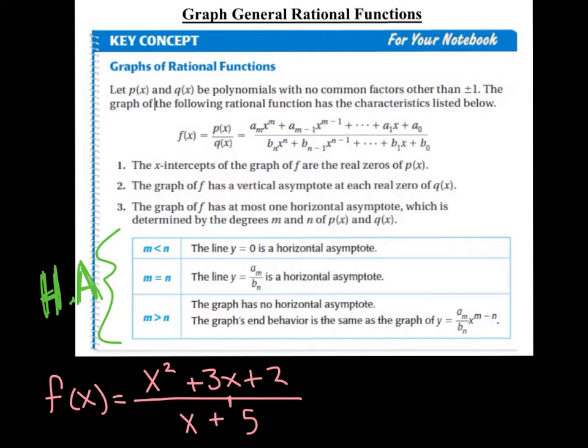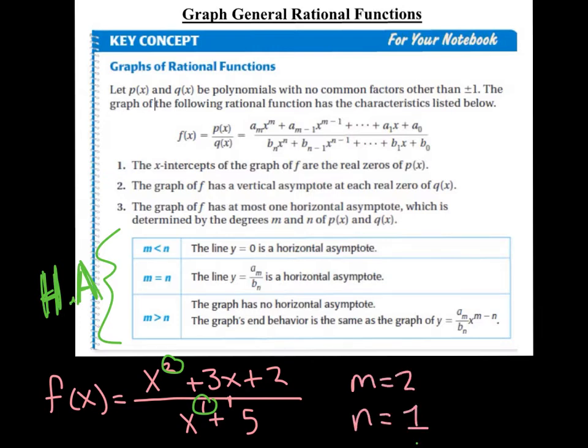You're going to have to look at the exponents in the numerator and denominator. So m is the degree of your numerator, and n is the degree of your denominator. In this case, m is going to be 2 and n is going to be 1.